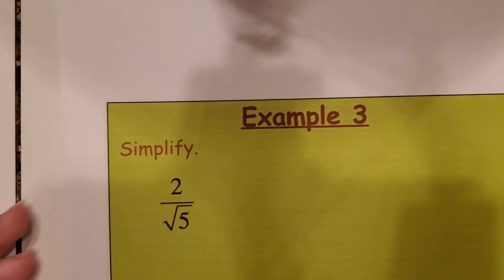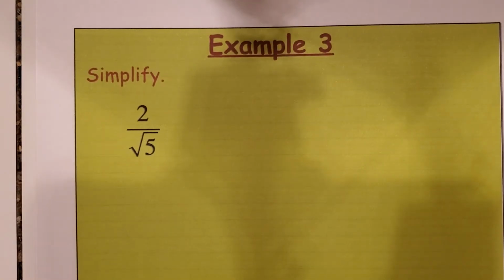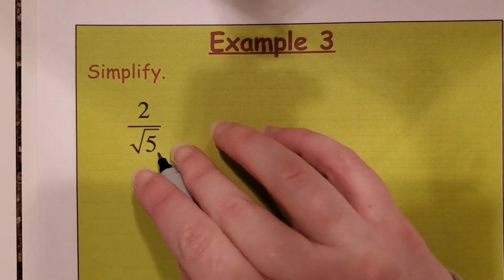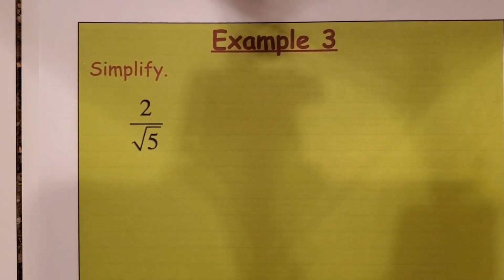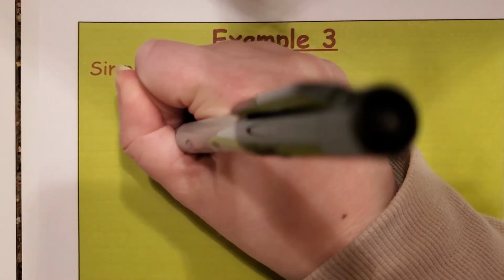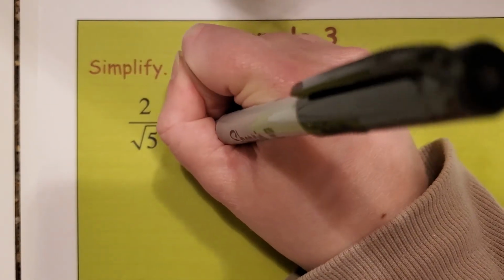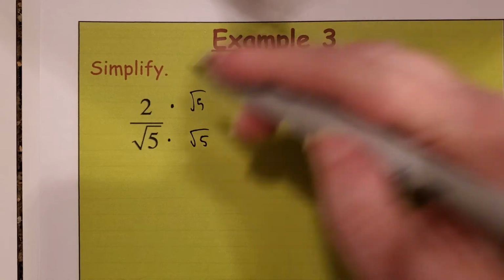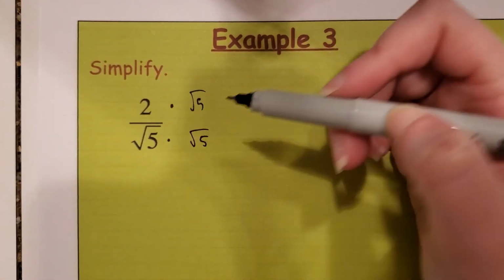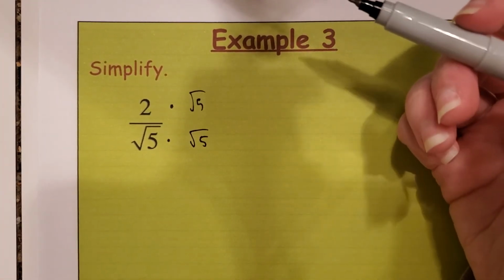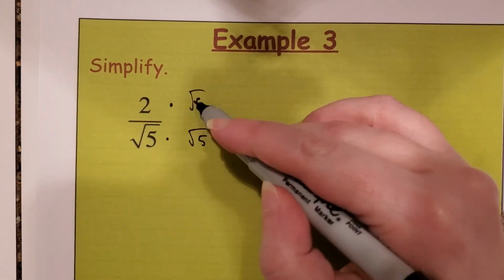So this is a very similar example where we want to simplify this. We don't want this radical in the denominator anymore. So we're going to multiply both pieces of the fraction by the square root of 5. 2 times root 5, again, they both don't have a radical over them. One has a radical, one doesn't.